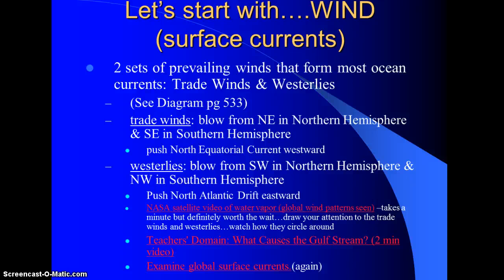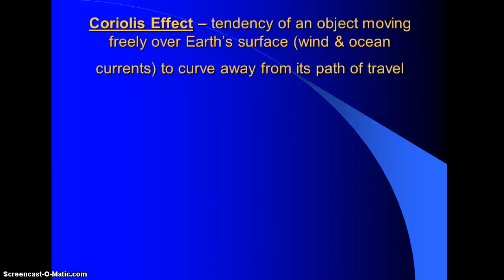But anyways, the westerlies are what flow over our area, our latitude, Portage, Michigan. They also push the North Atlantic drift eastward, delivering the warm temperature of that current to the east side of the Atlantic. I've got some great clips that I'm going to show you guys in class.